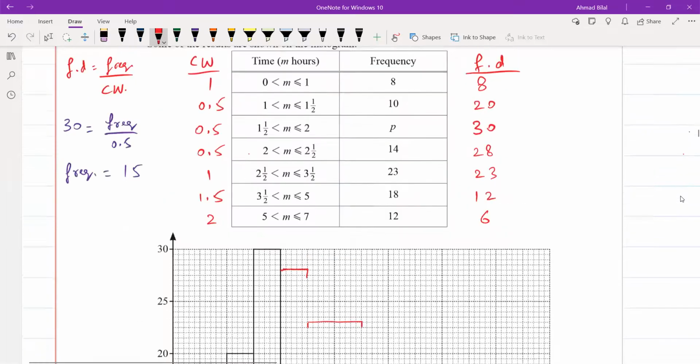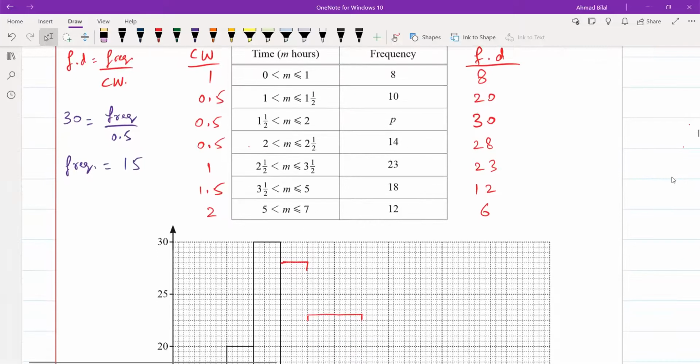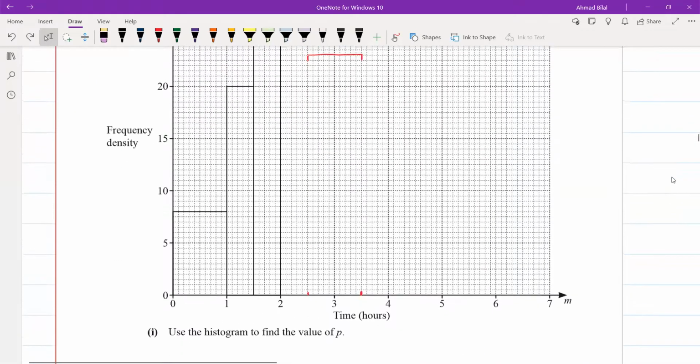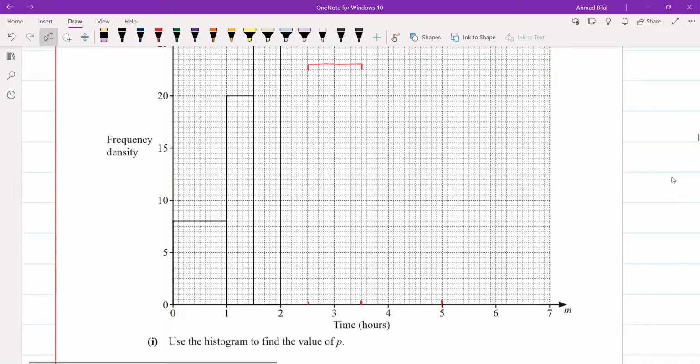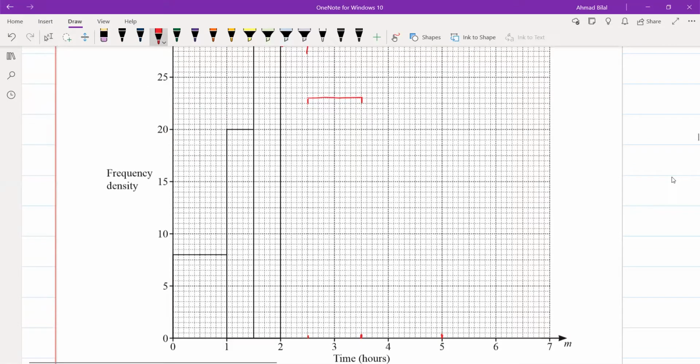What next? Next we have 12 from 3.5 to 5. 3.5 से लेकर 5 यहाँ तक 12 हाइट होगी. So that's going to be right here. ठीक है, ये हो गया हमारा next bar.